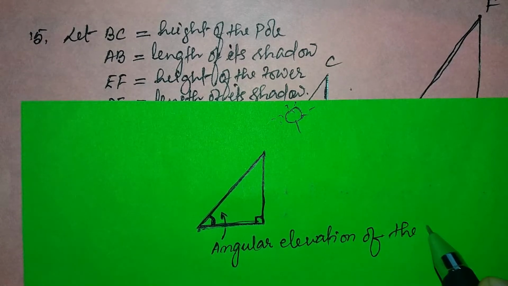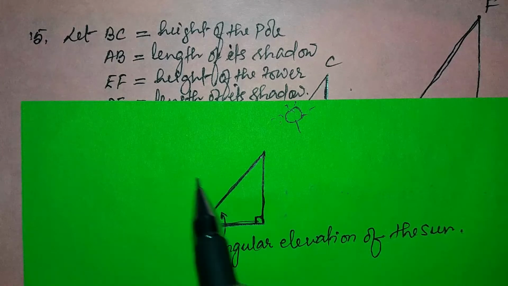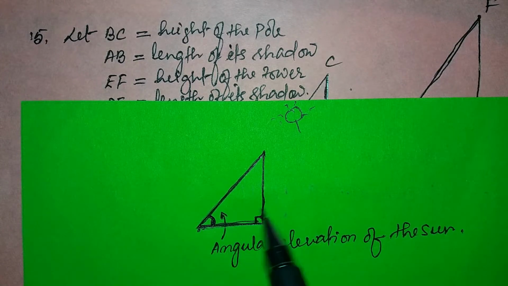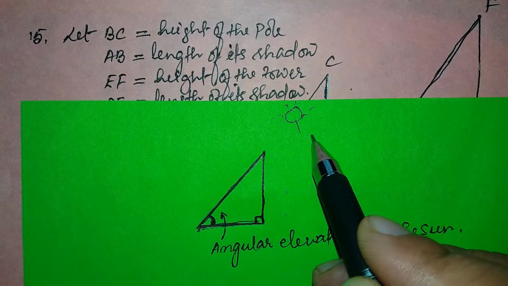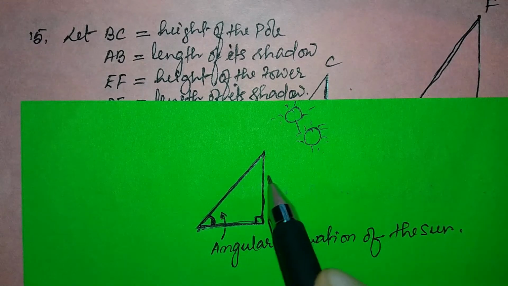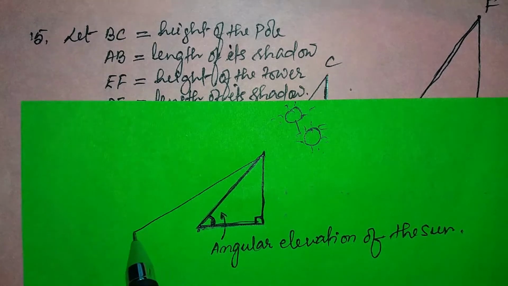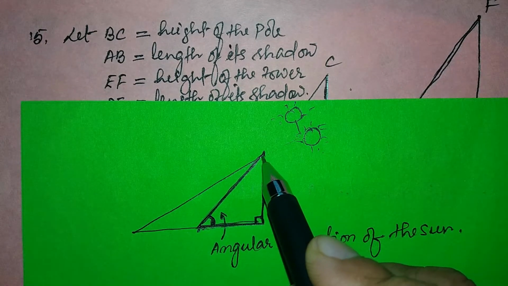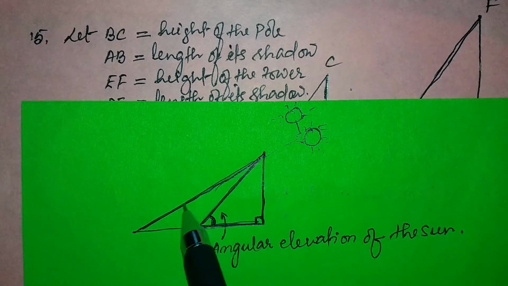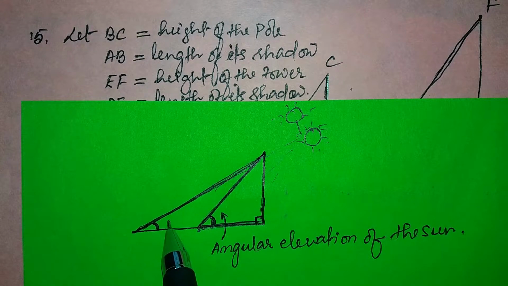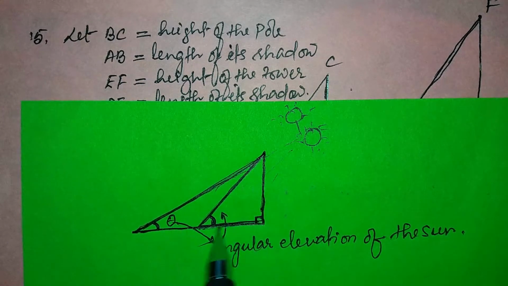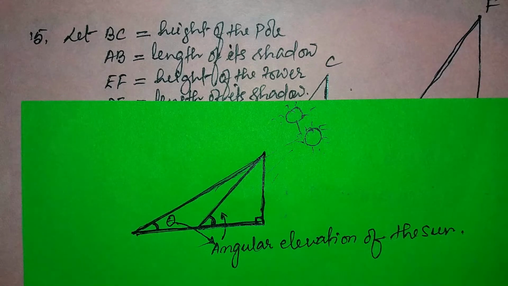At different times, the angular elevation of the sun is different. For example, when the sun is low, the angular elevation will be less. The sun rays will be coming like this, so this line is the sun rays, and this angle is the angular elevation. At this instant, the length of the shadow is longer.